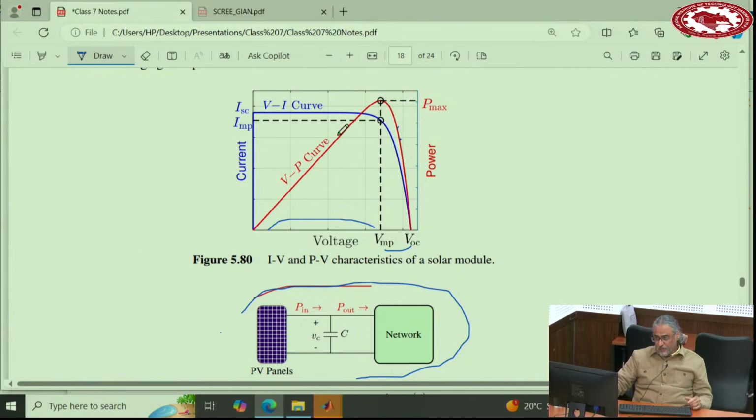But if you are here, let's say you are here. Now, let's say one load connects, so that means more power is needed, so the voltage will drop.